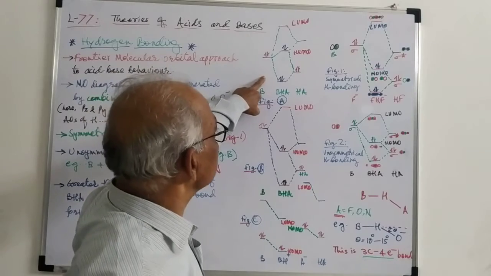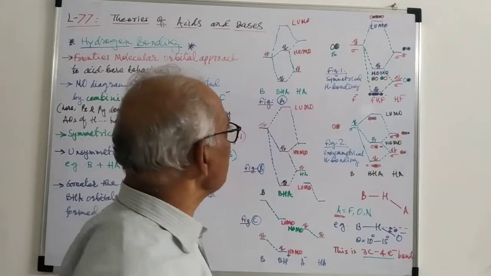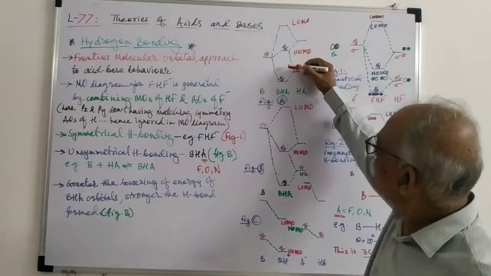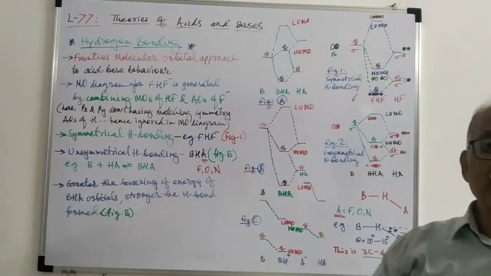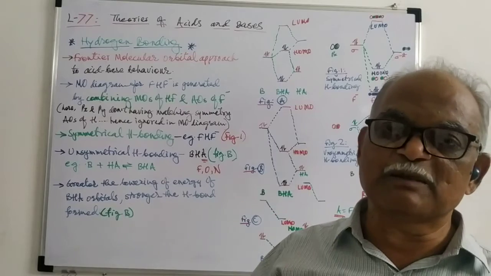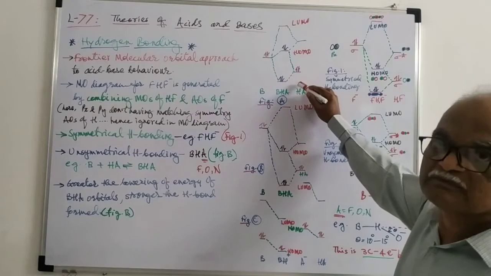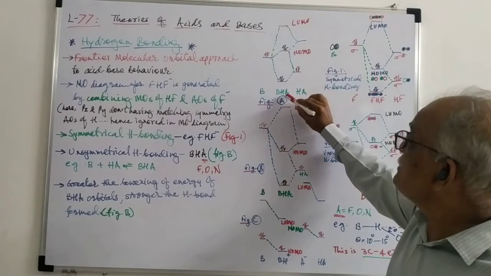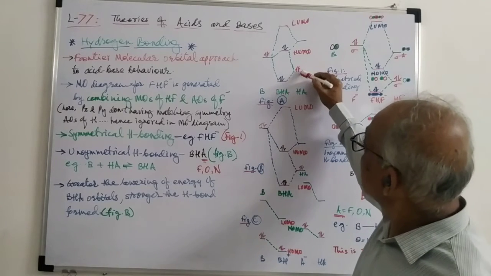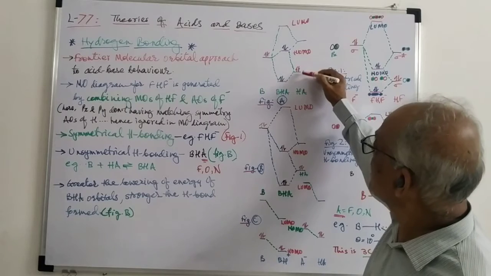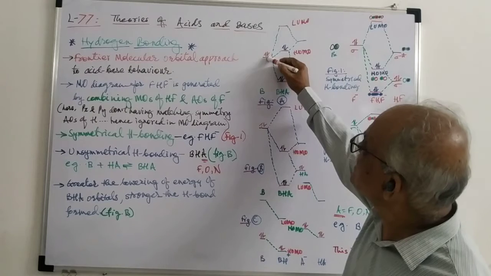So we can consider this first, where the diagram is of similar nature but there is a slight variation you will notice here. This reaction can be considered in three types, meaning the products are considered of three types. This is one possibility of formation of BHA. In this case you will find that the energy of the HOMO of HA is lower than the HOMO of boron.